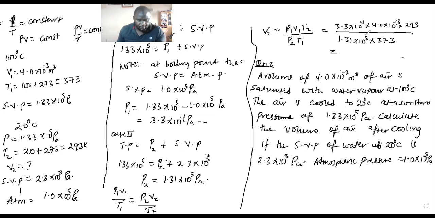7.15 exponent negative 4. Okay, 7.915 exponent negative 4. Are you sure? Someone else? Same. Okay.